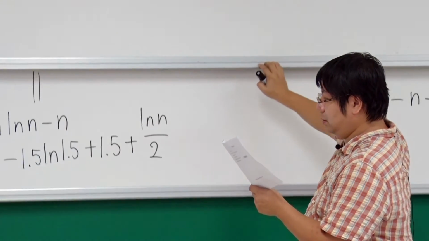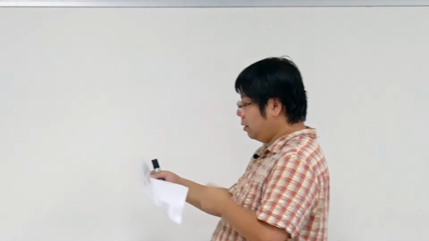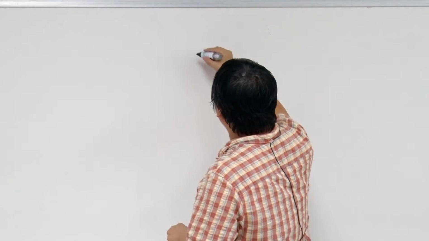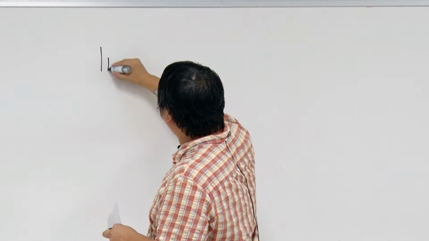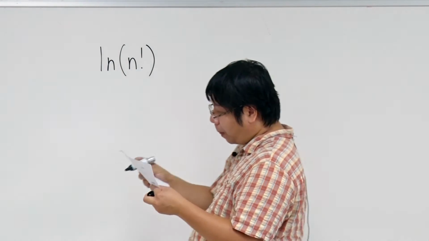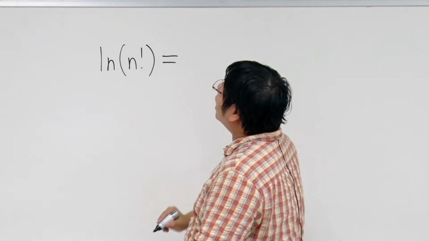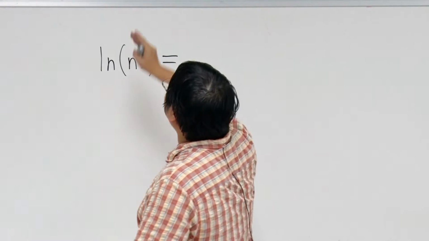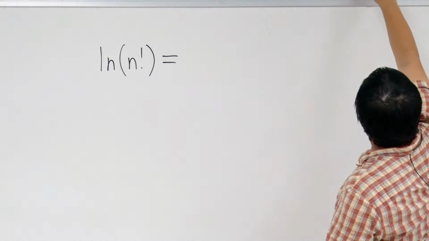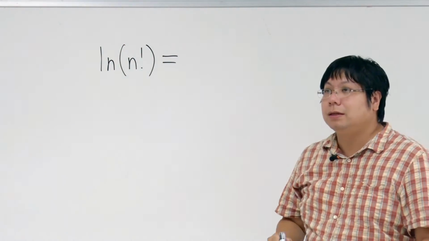So if we look at everything together, then that means log of n factorial must be equal to, how many log n's do we have? On the left hand side, we have n log n plus log n over 2. On the right hand side, we also have n log n plus log n over 2, right?